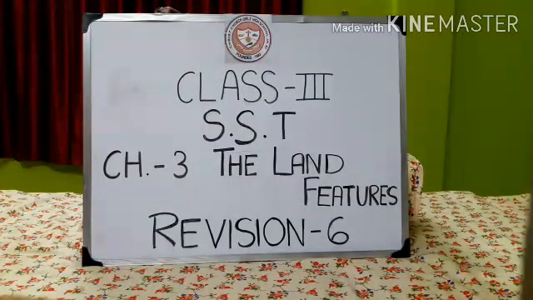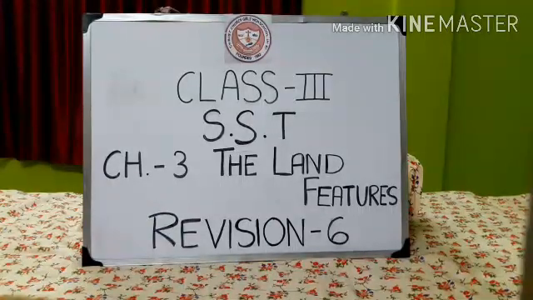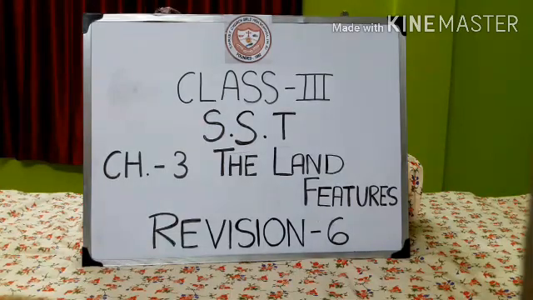We will first quickly recapitulate what we have done in the land features, and then I will give you all the 3 sets of questions, which are actually the questions from the back of the chapters. Only a few I have included from my own. Let us quickly brush up our memory, and then we will go towards the questions and answers.